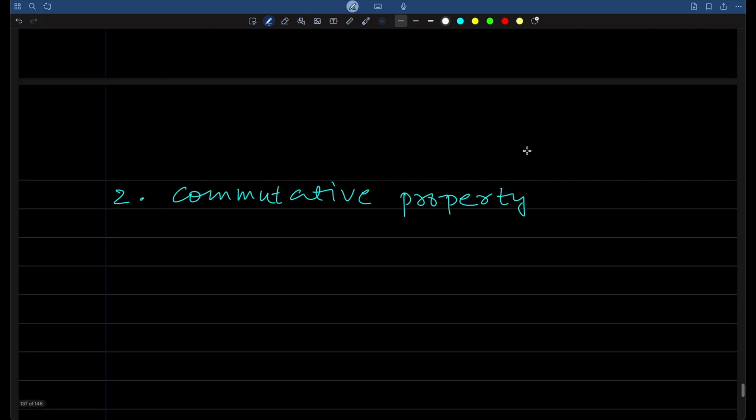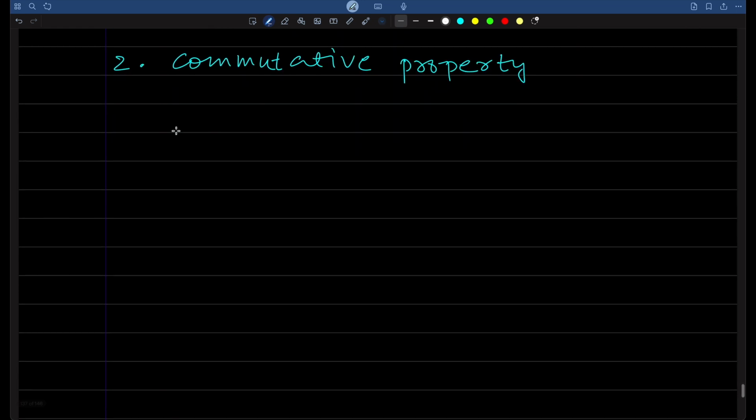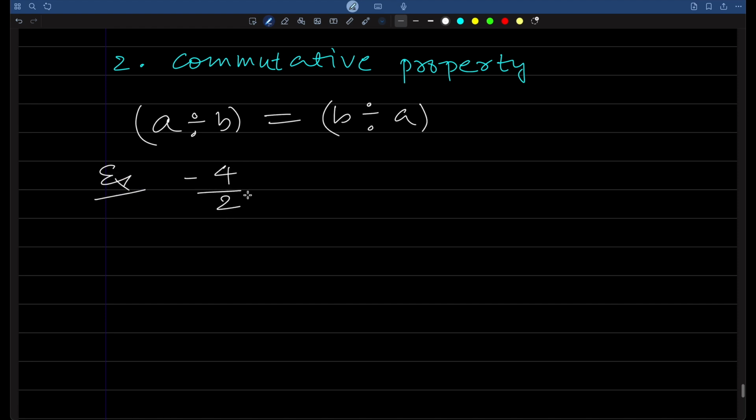Now let's see the next property, that is commutative property, that is, does a divided by b equal b divided by a or not. For this let us take one example, that is -4 divided by 2 equals to 2 divided by -4.